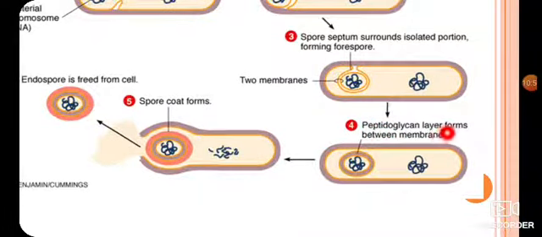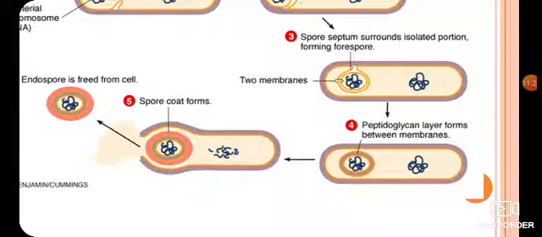It is a peptidoglycan layer, a cell wall layer, an external layer, and this is the fourth step carried out. In the third step we observe the second layer, and next is peptidoglycan, which will form the cell wall, and then comes spore coat formation. Step number 5 is spore coat formation.